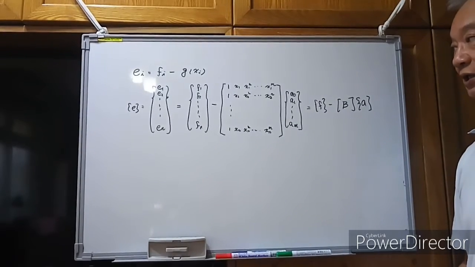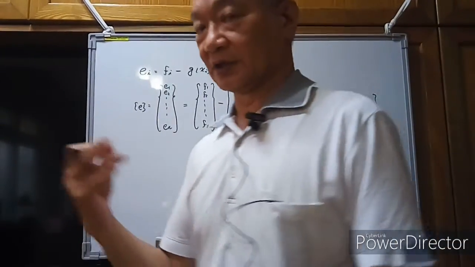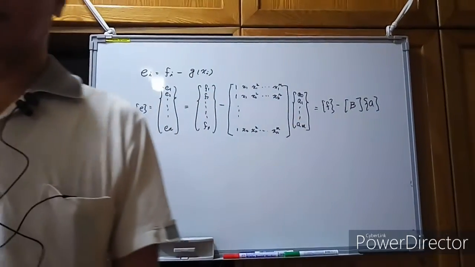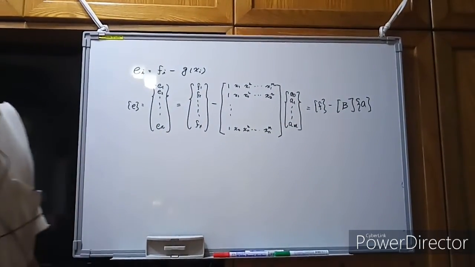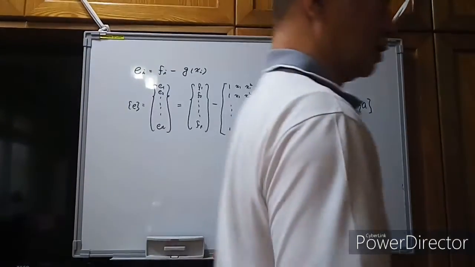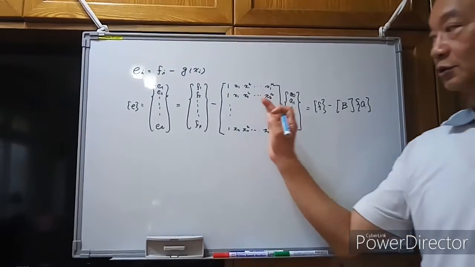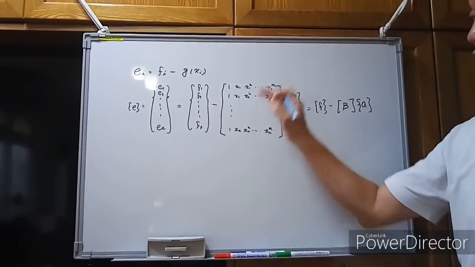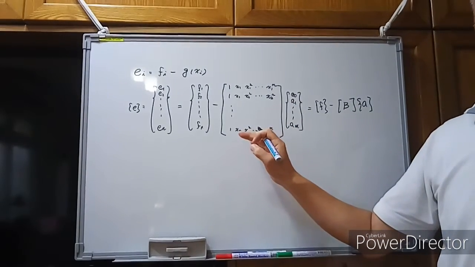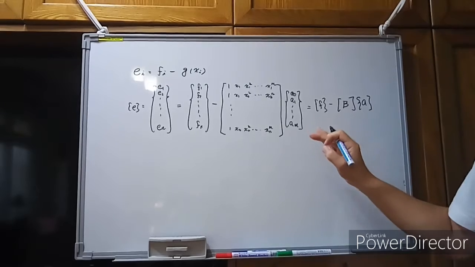Also remember that we cannot have duplicated xi values. All the xi values should be different. Since the user needs to input all the xi and fi, if we know x1, x2 until the last xn, then we can always calculate the B matrix.